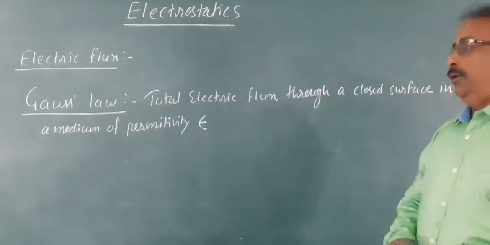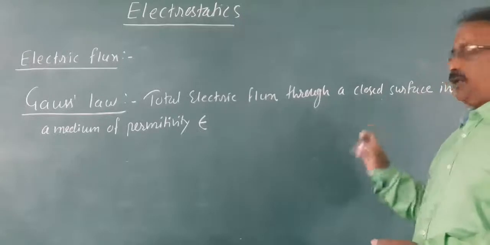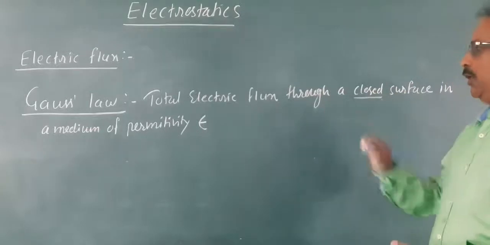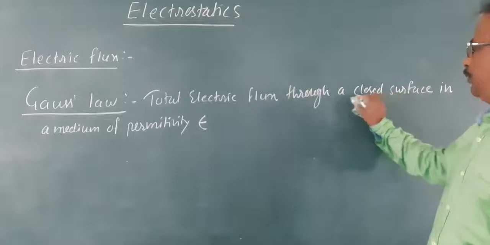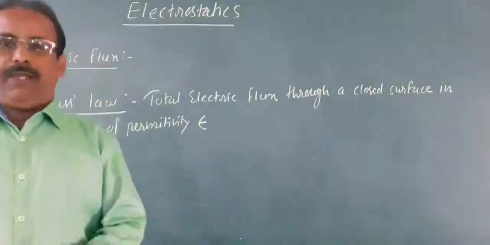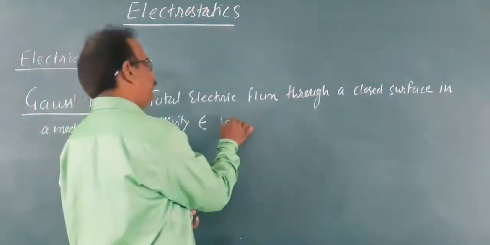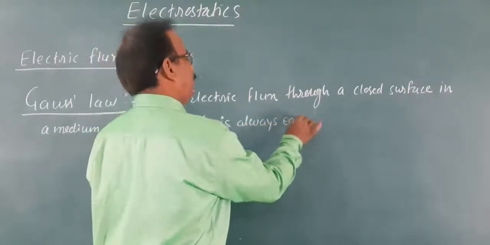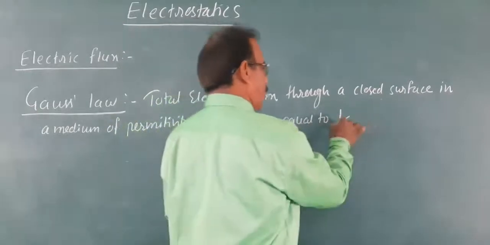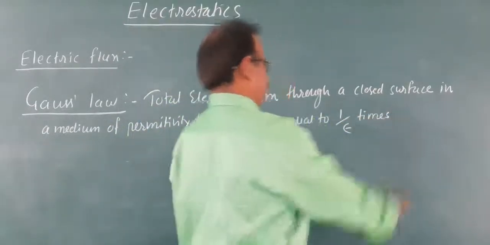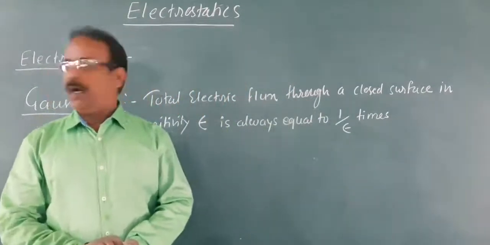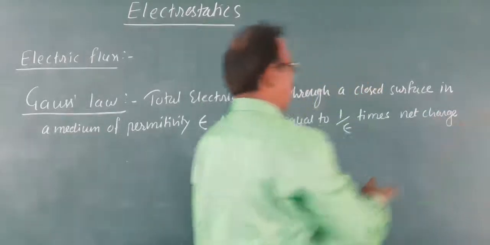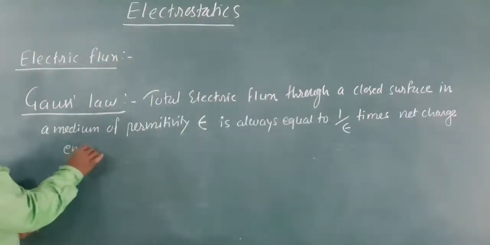According to this law, the total electric flux through a closed surface, see, the word is closed, in a medium of permittivity epsilon is always equal to 1 upon epsilon times net charge enclosed by closed surface.